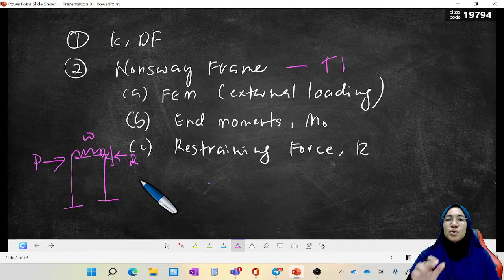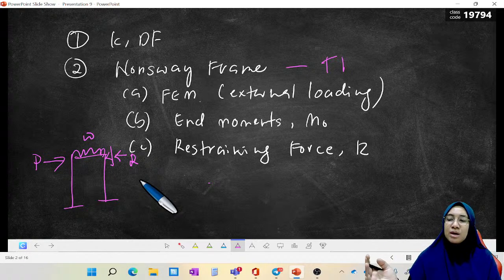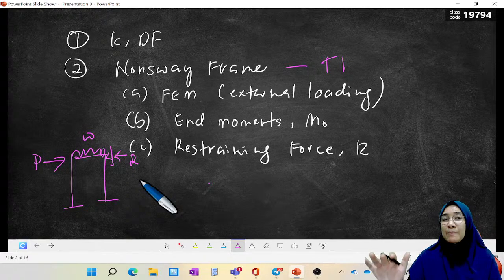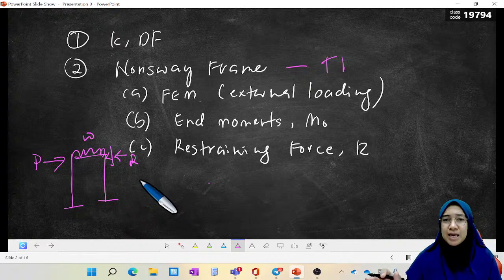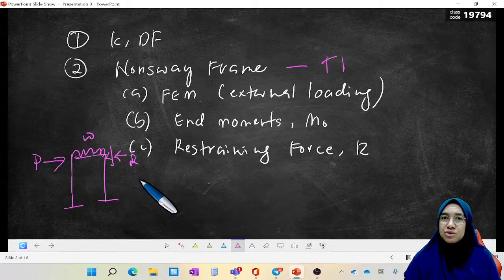In this frame, we need to calculate the fixed end moment along member BC. There is no fixed end moment for AB and for CD, as shown in the figure.